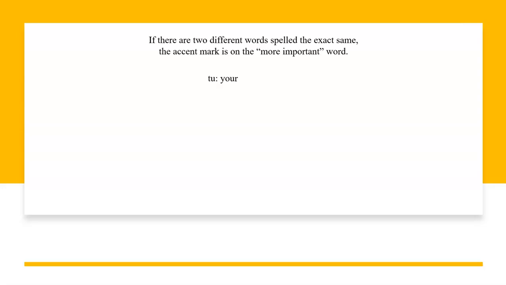So tu means your, but tú with an accent mark means you. So see how you is more important than your shoes or your pen, right? Me, my, mí with an accent mark, pronounced the same way, is me. So see, me is more important than my shoes, my pencil.